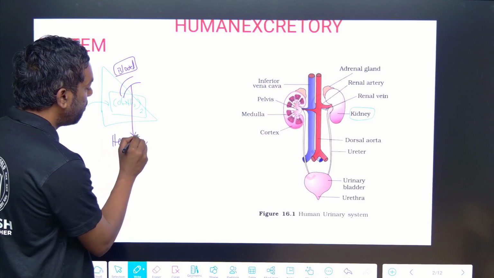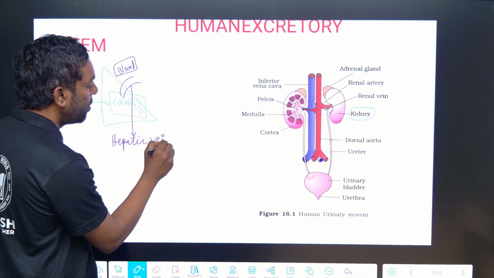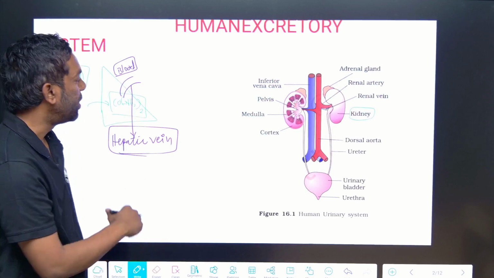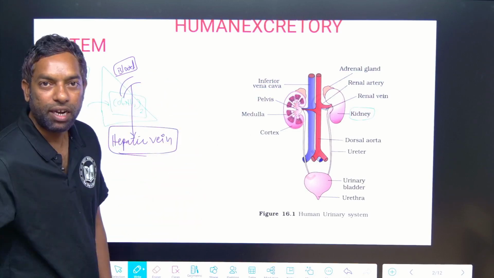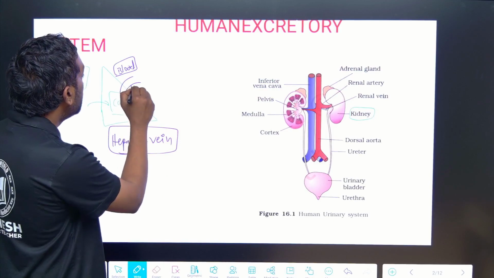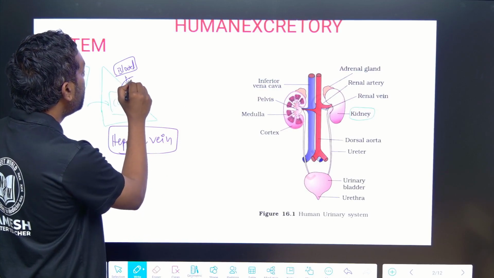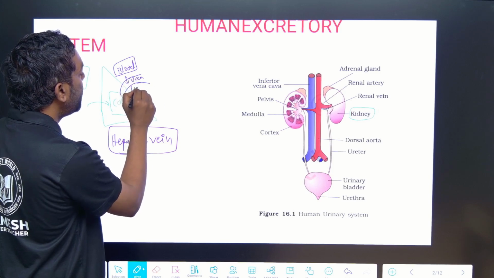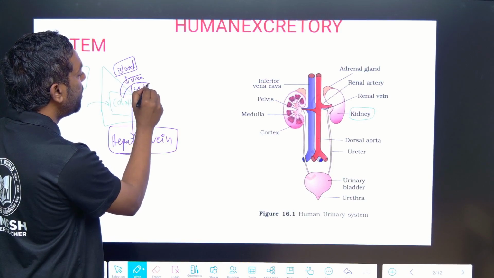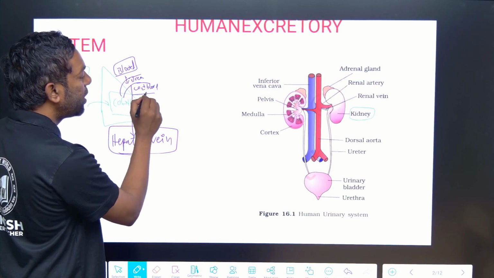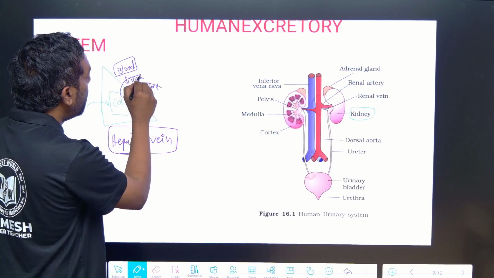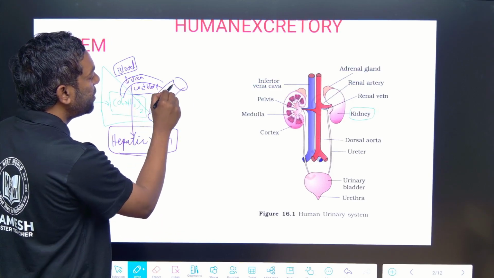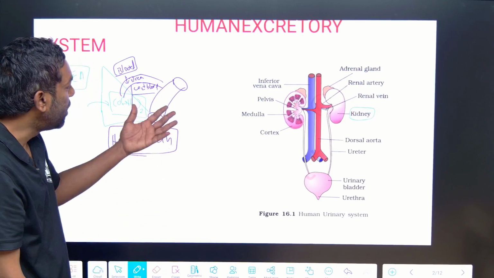It carries the blood from the liver, with the urea produced and deoxygenated blood, CO2, into the vena cava, the largest blood vessel.